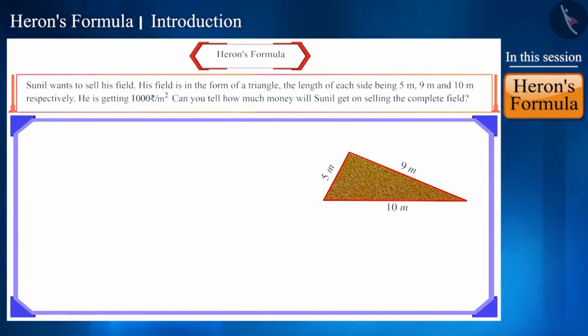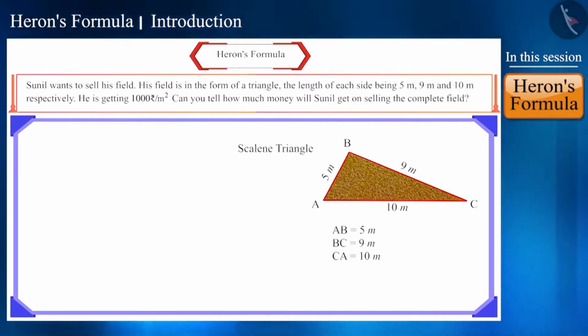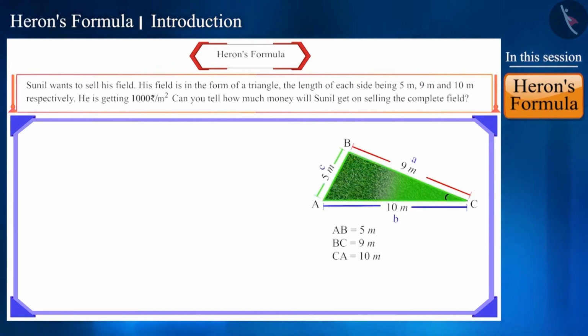If we name this triangular field as ABC and assume that the lengths of the sides AB, BC and CA of this triangle are 5 meters, 9 meters and 10 meters respectively, we can see that this is a scalene triangle. We can assume the side opposite angle A as a, the side opposite angle B as b and the side opposite angle C as c.